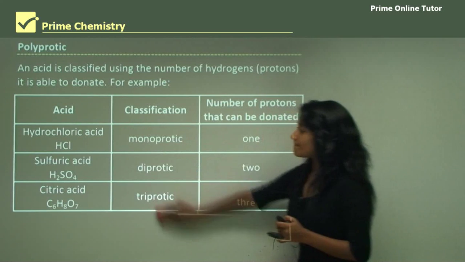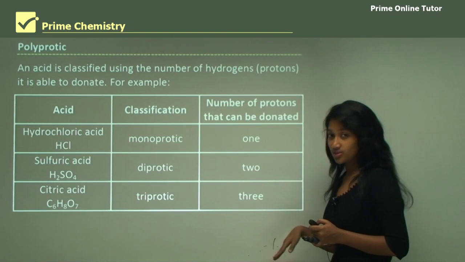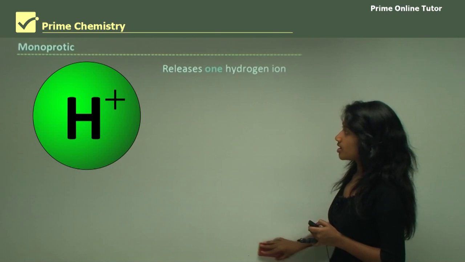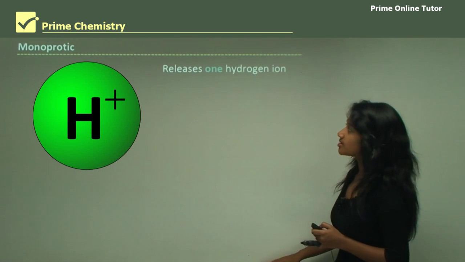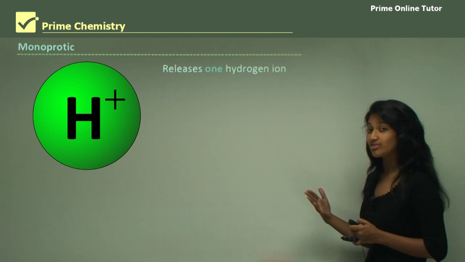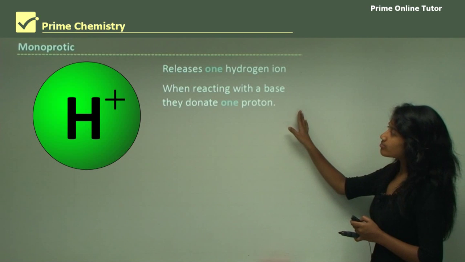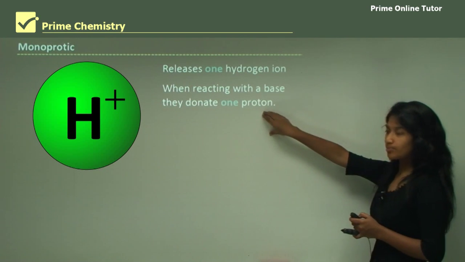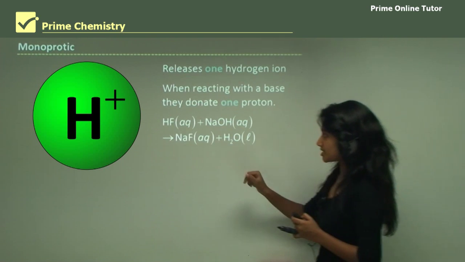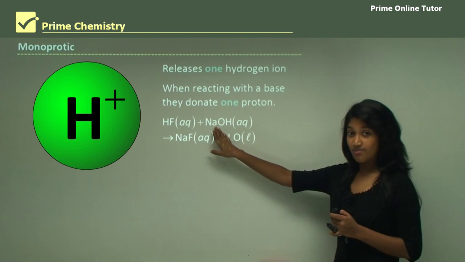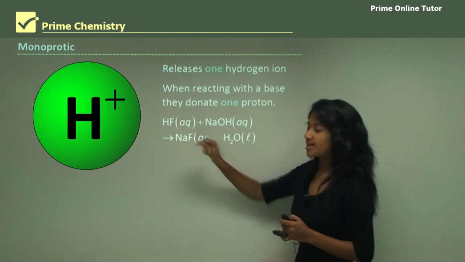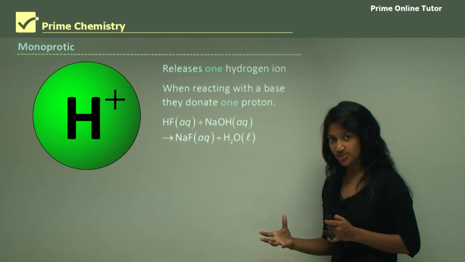Now we'll compare the monoprotic, the diprotic and the triprotic acid and how they ionize in water. Let's look at the monoprotic one first. It releases 1 hydrogen ion. When reacting with a base, it donates 1 proton. If we look at this equation, we have hydrofluoric acid reacting with our base, sodium hydroxide, in a neutralization reaction.